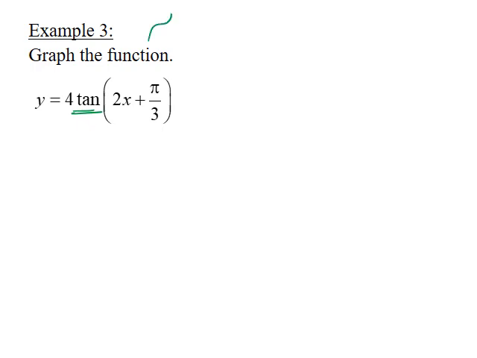Remember, the graph of tangent takes this shape here. I will want to find my consecutive asymptotes, so I'll be interested in finding one cycle. For tangent, I sandwich this between negative pi over 2 and pi over 2, and again, the endpoints are not included.